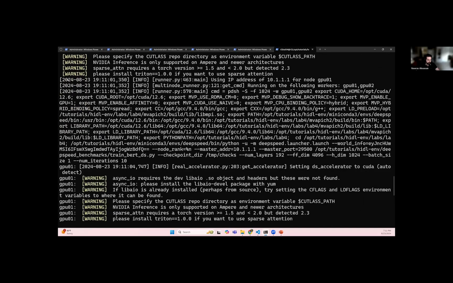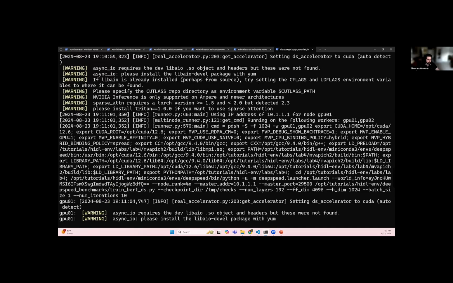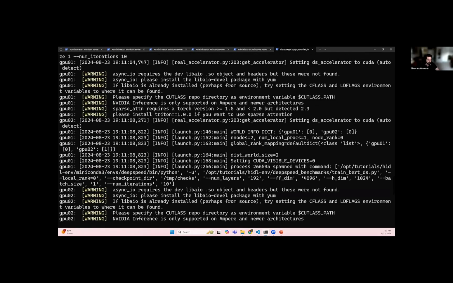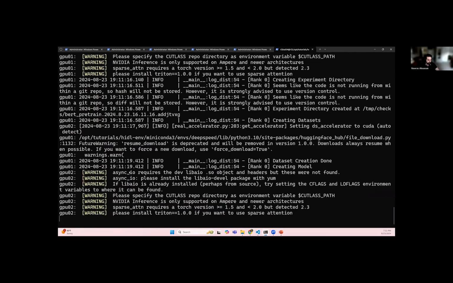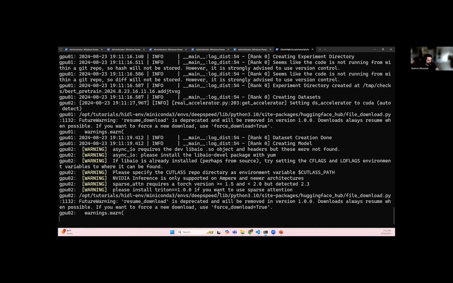All of the output that you see here is the initialization from the DeepSpeed framework, and in here you can see the model is being downloaded from the Hugging Face hub.